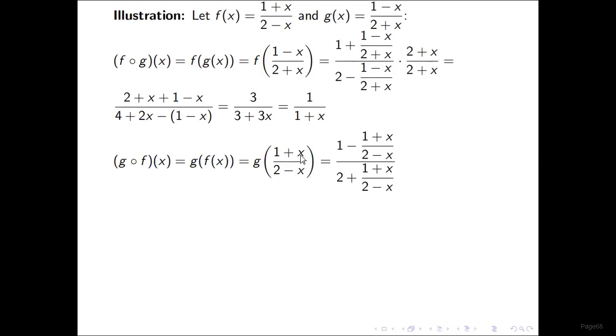And we have that now. And then we just follow the same steps. We multiply by 2 minus x over 2 minus x. We distribute the 2 minus x. Okay? Like that. And then get this. Just verify that. And then you do more simplifications. That's the final appearance of g circ f of x.